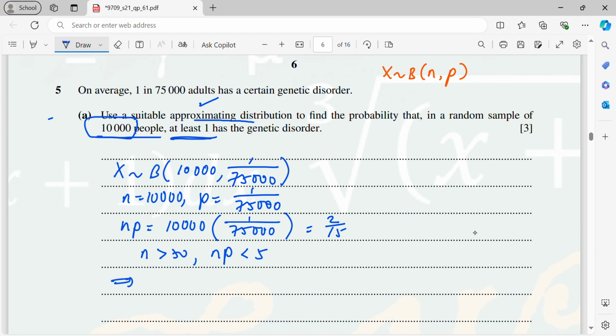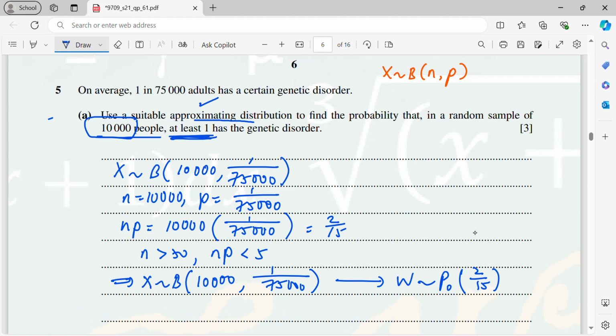So my X is binomial distributed with 10,000 and 1 over 75,000. It will be Poisson distributed because NP is less than 5. Then the lambda is 2 over 15. That is our mean NP.